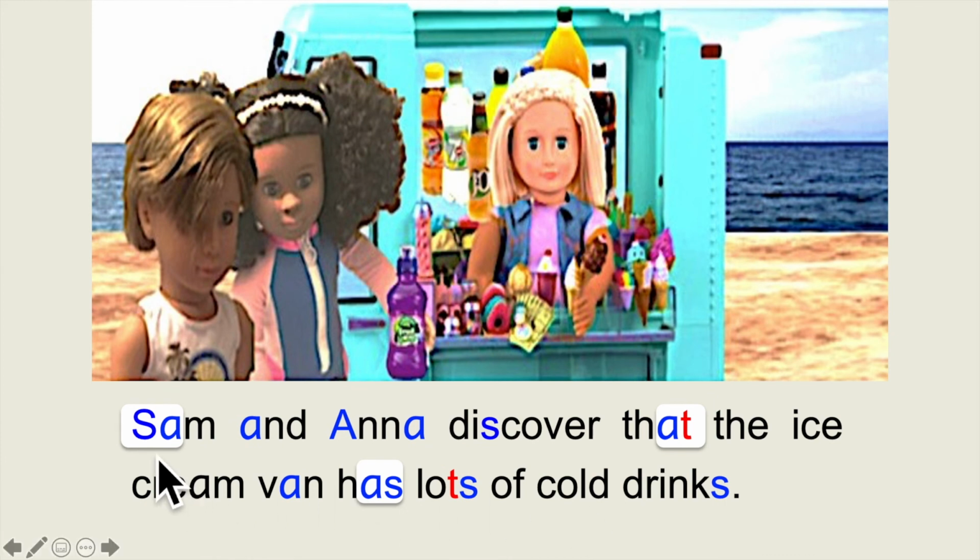I'll read it first. Sam and Anna discover that the ice cream van has lots of cold drinks. And there they are. They've bought a fruit shoot, I think. Right, can you read the blends first? Sa. At. As. Now this does not have a letter after it, so it is going to say the z sound.